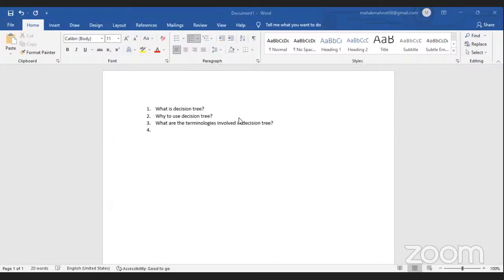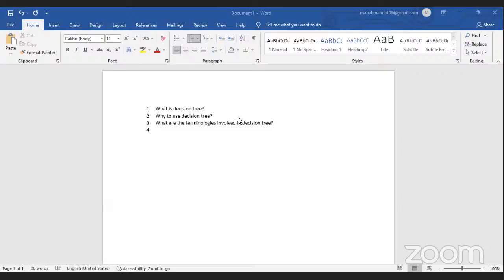First, the root node. The root node is where the decision tree starts. It represents the entire data set, which further gets divided into two or more homogeneous sets, depending on the data sets.